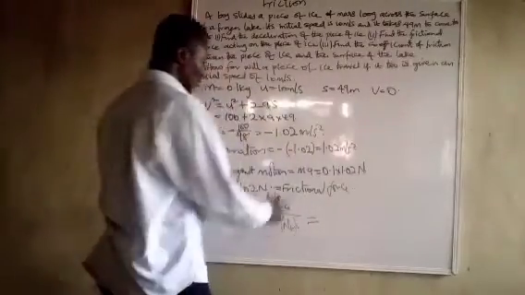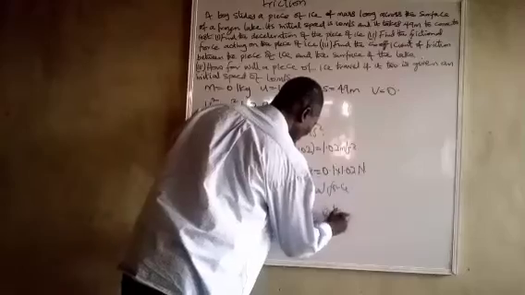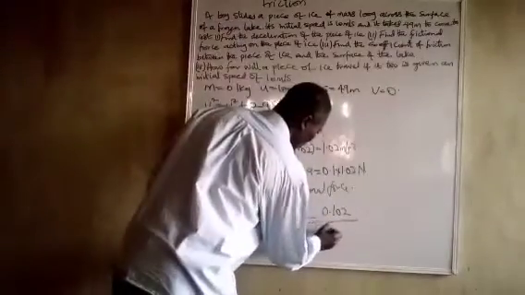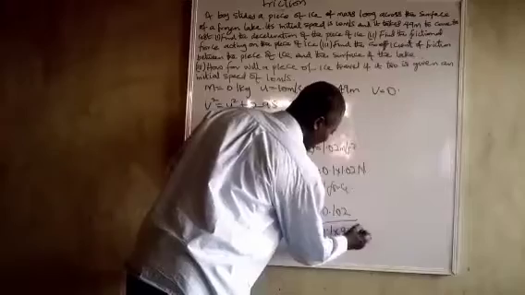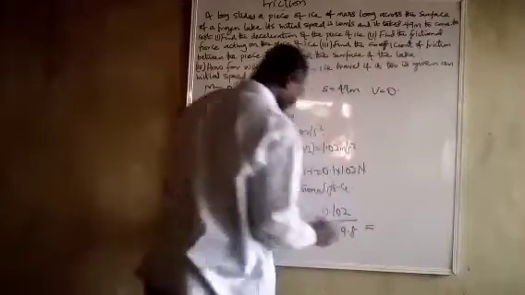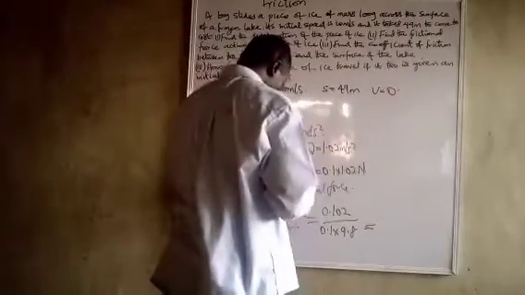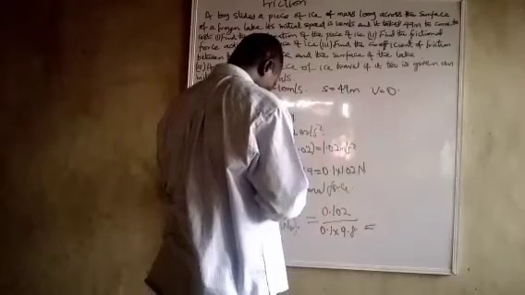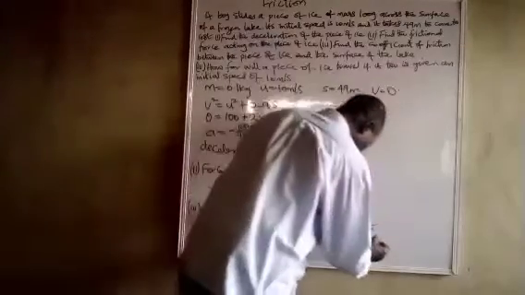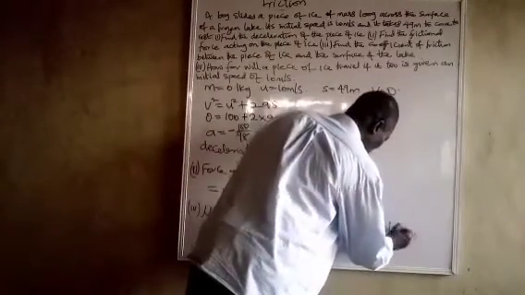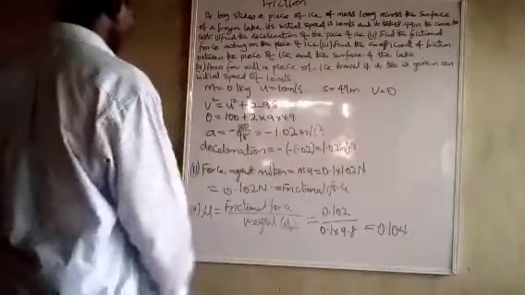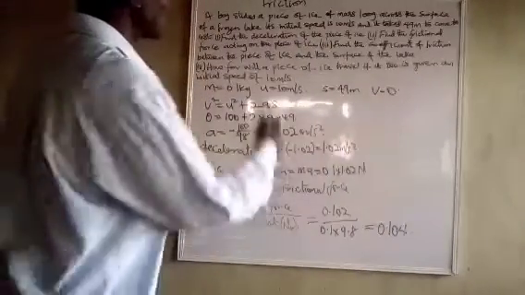So this one now is 0.102, and what is the weight? 0.1 times 9.8. And that is going to be 0.102 divided by that. That is 0.104. Yeah, 0.104.